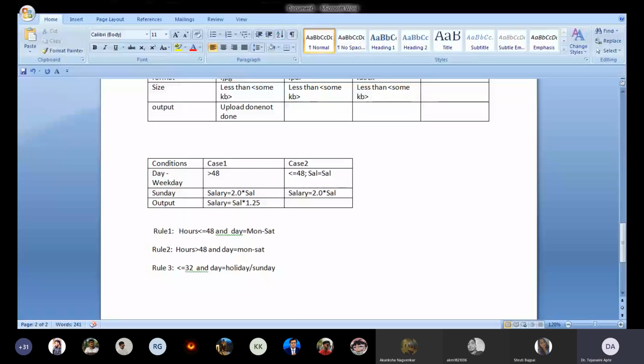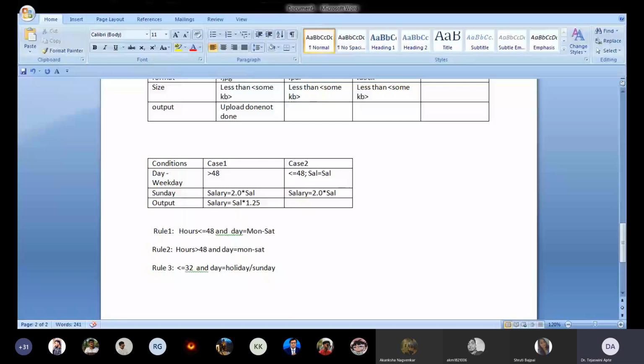We have two conditions: working hours greater than 48, or holiday or Sunday. We have taken one more condition, working hours less than or equal to 48. So how many test cases are going to be there? K rules over n binary conditions gives 2 to the power n test cases.